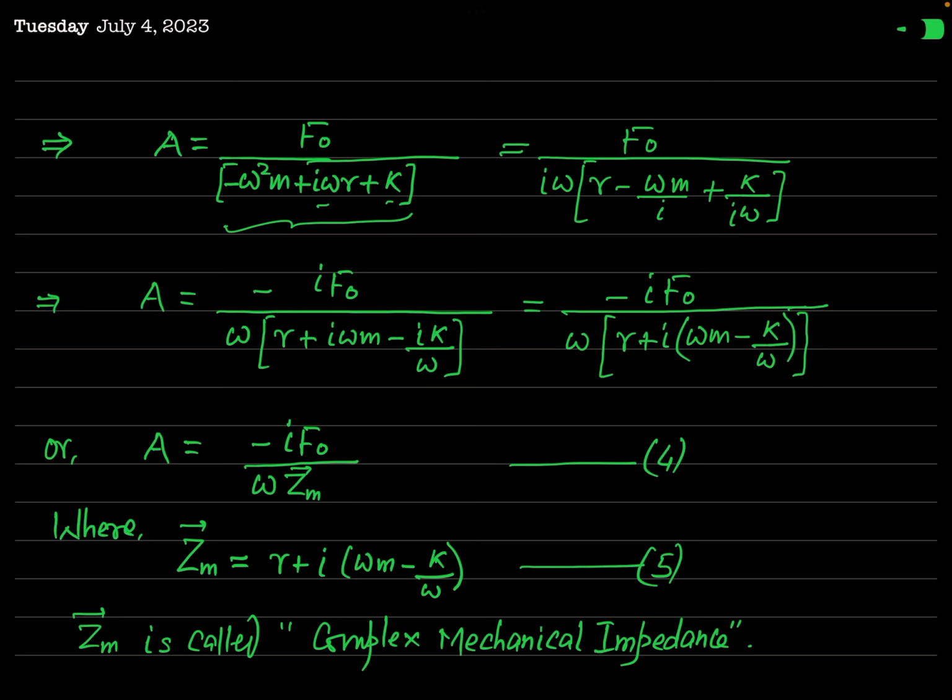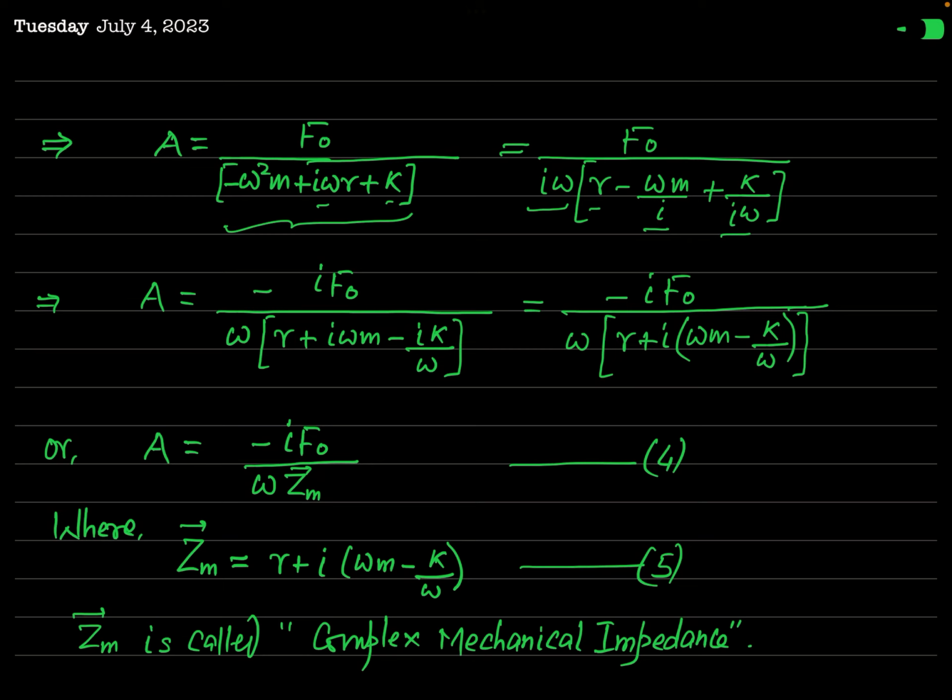This can be written as f naught over, we will take this i omega as a common factor in the denominator. When we take i omega as a common factor, the remaining terms will be r minus omega m over i plus k over i omega. Is it okay?